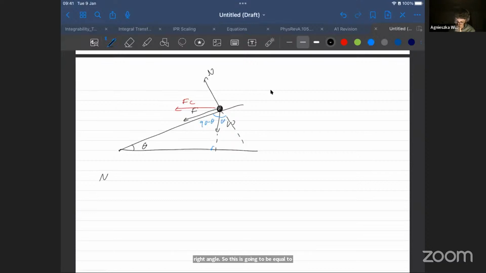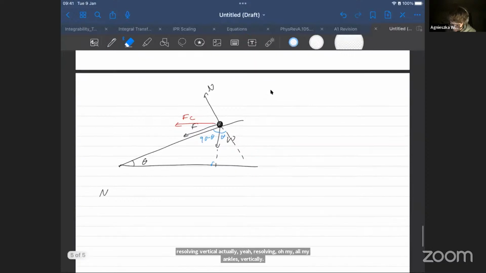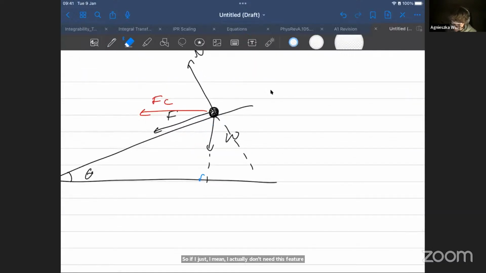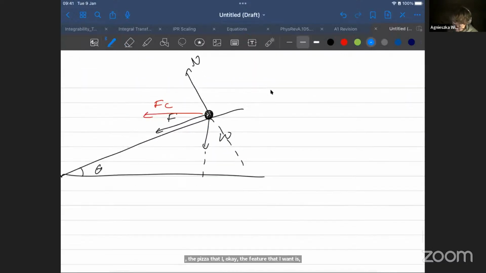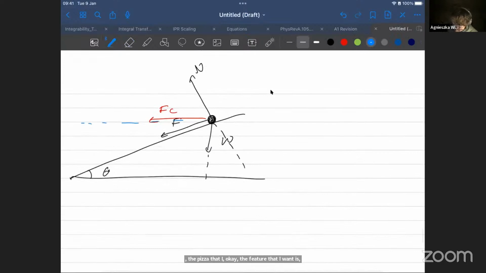So then resolving all my angles vertically, I actually don't need this theta. The theta that I want is, if I draw a line here, I know that this is going to be equal to theta, and as a result, this is then equal to 90 minus theta.